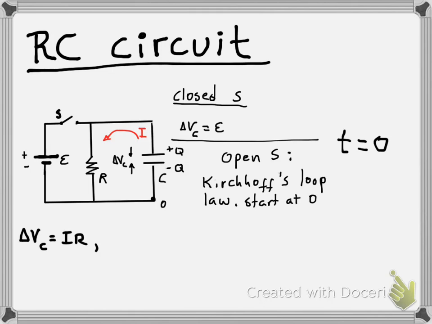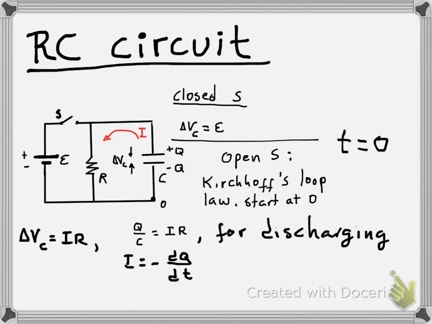Delta VC is equal to IR, the current through the resistor times the resistance. And the difference in potential across a capacitor, we have studied before, is equal to the charge in the capacitor divided by the capacitance. So we can write Q divided by C equals I times R.